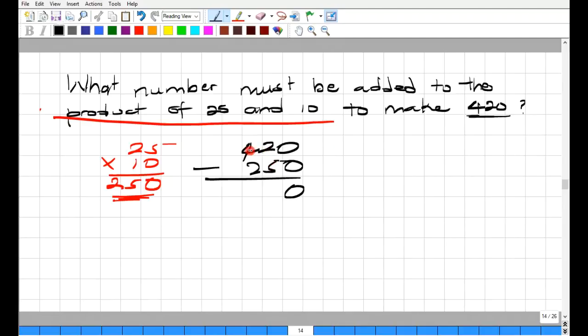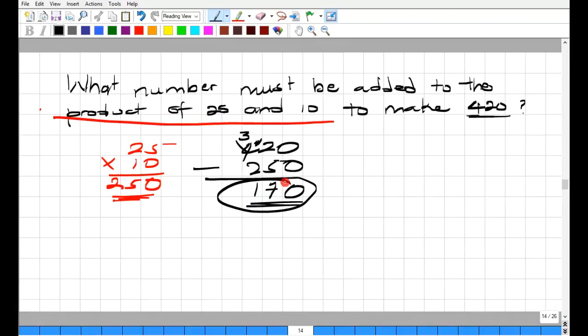Now I can't take 5 from 2, so I'll take 1 from the 4, leaving that place with 3. And 5 from 12 would be 7, because 7 and 5 would be 12. And 2 from 3 would leave me with 1, because 1 and 2 makes 3. So the difference would be 170.